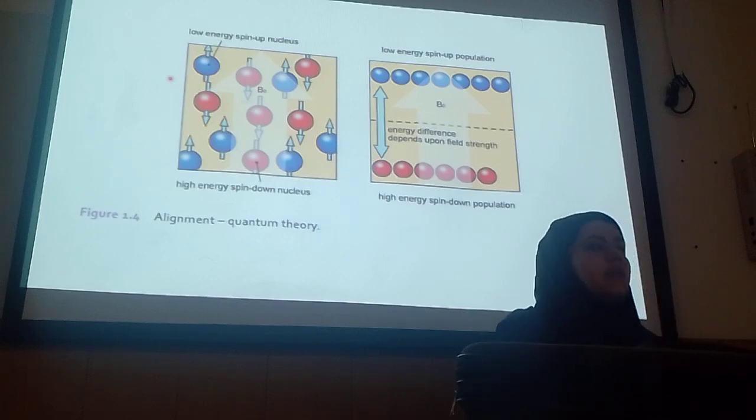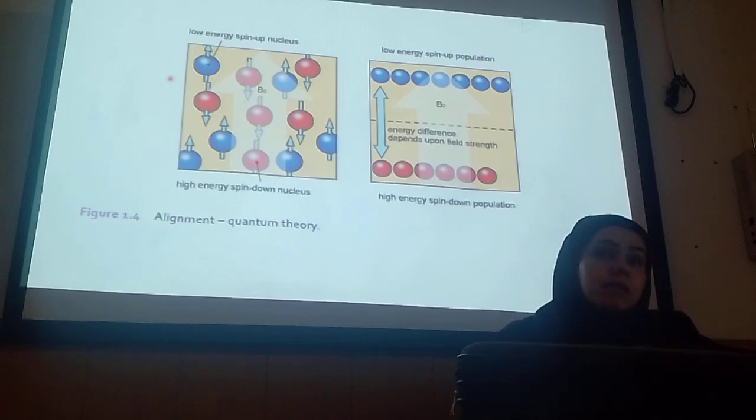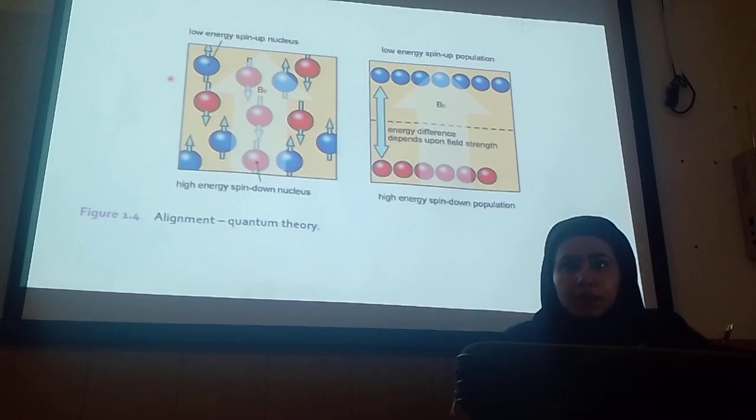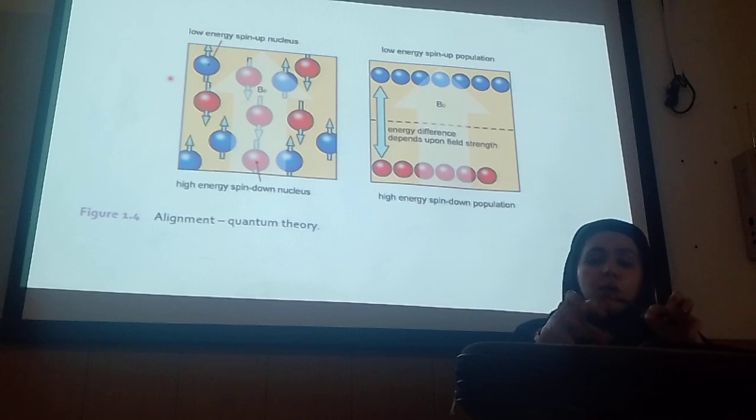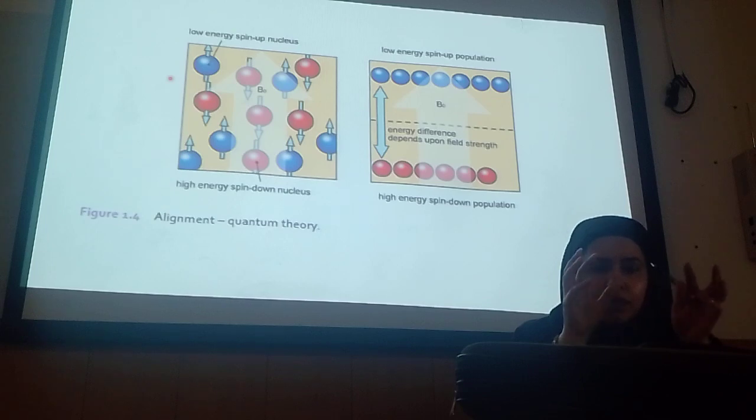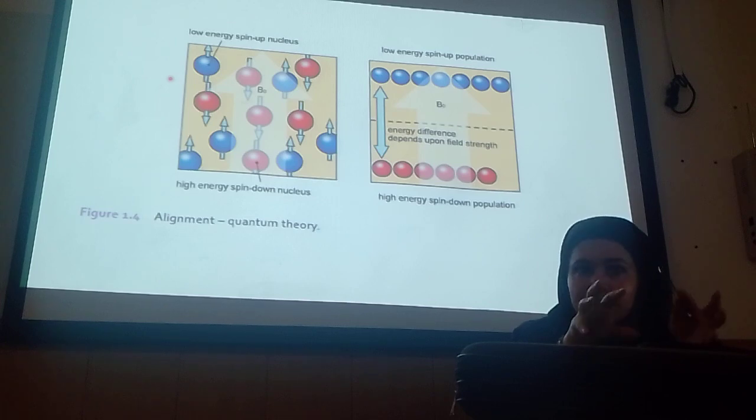We are speaking about the M, magnetization, which is the summation of magnetic moments. We are speaking about the object, not external. We are speaking about the spin, the magnetic property of the nucleus, the magnetic moment.